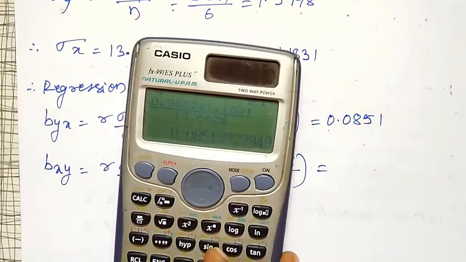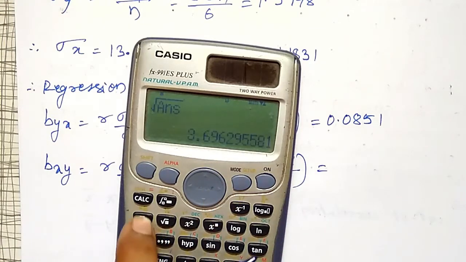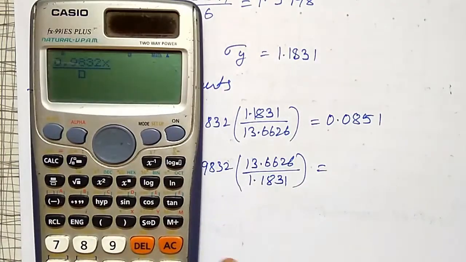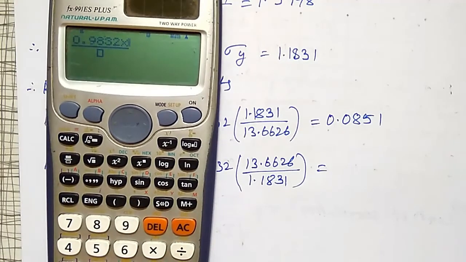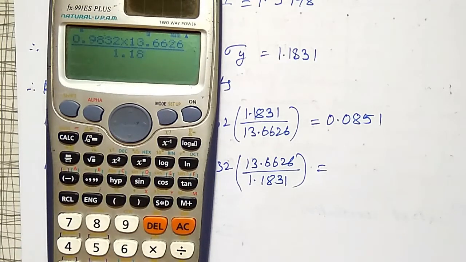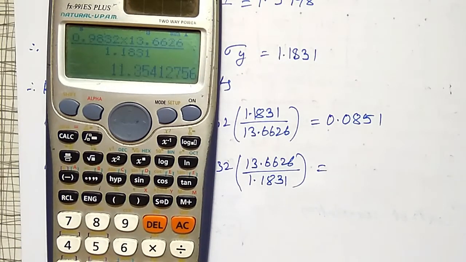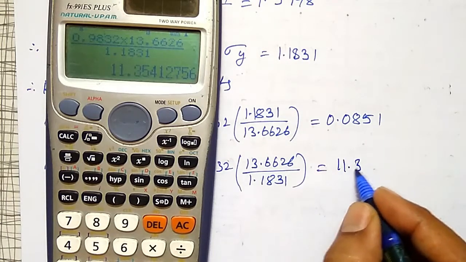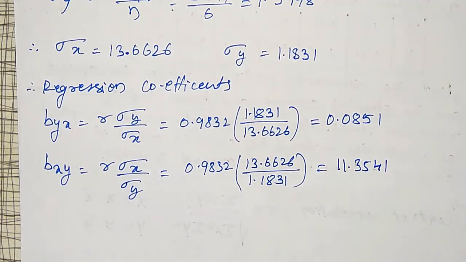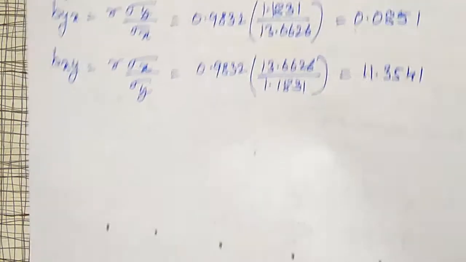Using the divide option, it comes out to be 11.3541. Using these regression coefficients, I have to fit the regression lines.